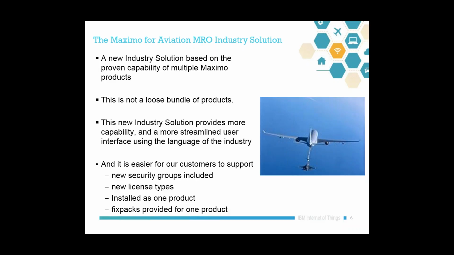We've also added some new license types, which we'll talk about later on in the session. And because it's one integrated product in terms of starting up, it'll be easier to install as one product, not a bundle of components. And also in terms of fixing and upgrading it over time, it's treated as one industry solution.